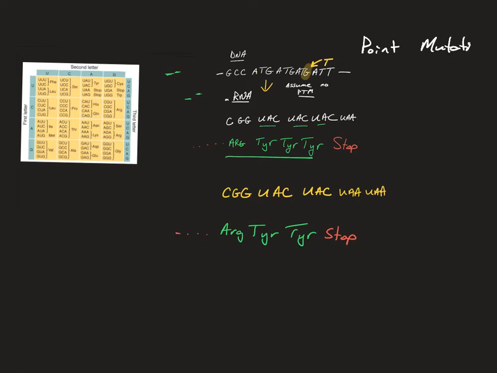It just changed one nucleotide. A point mutation is when you mutate just one nucleotide. I'm sorry, not one amino acid, one nucleotide.